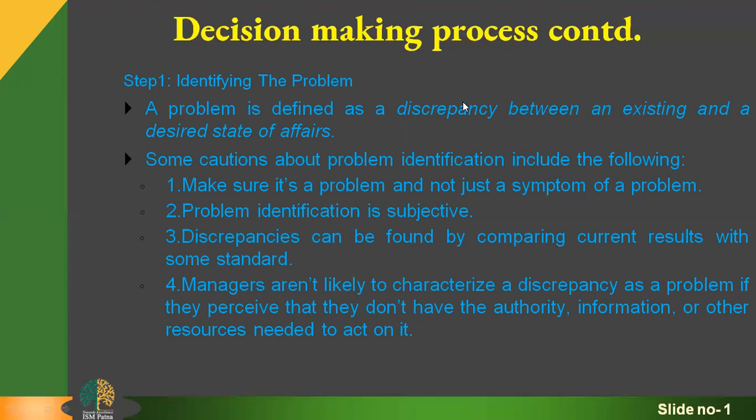But they will not declare that there is a problem 1, 2, 3, 4 in this process, as they don't have the authority. They will simply deliver this information to the other concerned people who are responsible for declaring it as a problem.